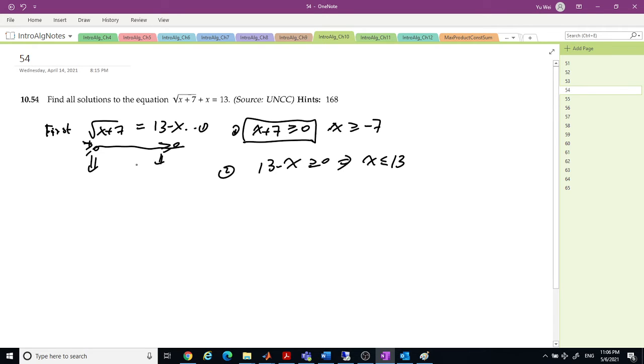Then we can try to take off the root, right? Then we can do the square.